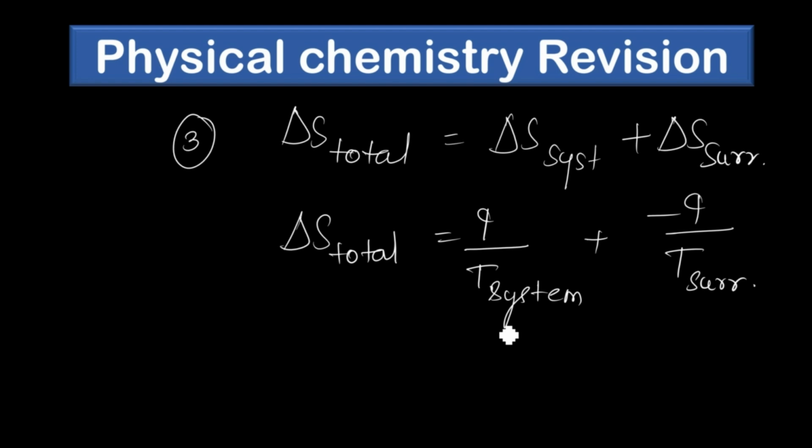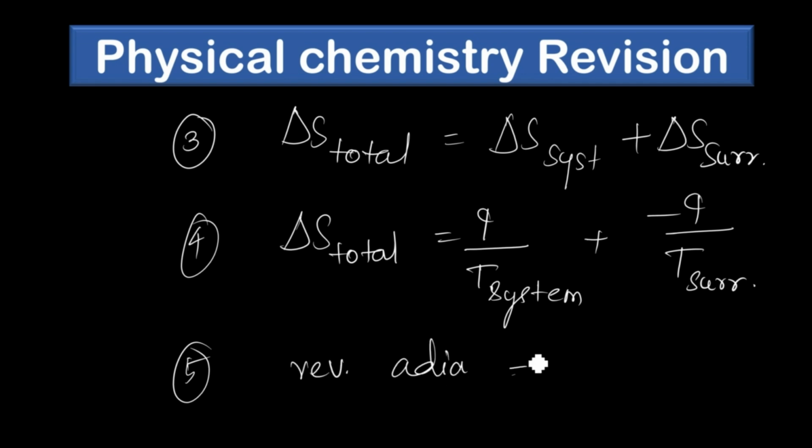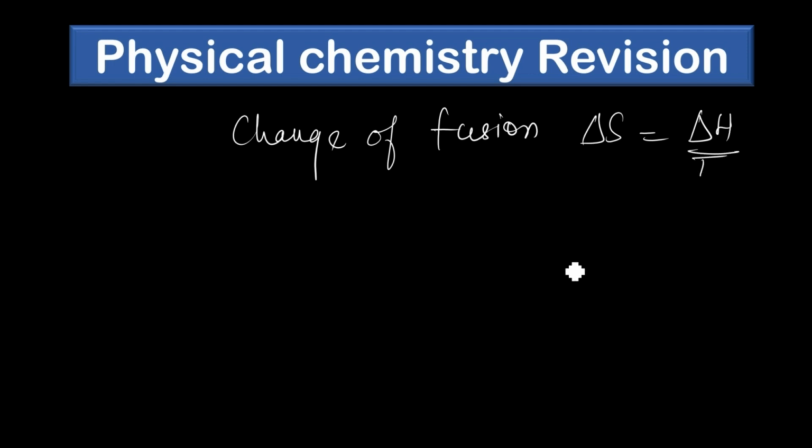Other than this, for a reversible adiabatic process, delta S becomes 0. Reversible adiabatic, delta S becomes 0. For entropy of fusion, delta S is equal to delta H by T, where T is the freezing point or melting point.